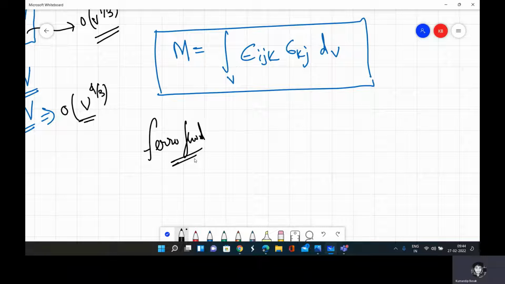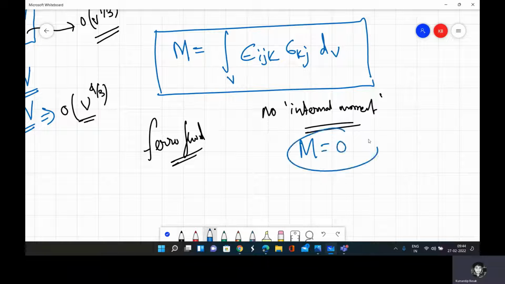But there is no such directionality or alignment in a fluid element for any general fluid. Therefore, for most fluids, there is no internal moment. This is a very important point. There is no internal moment. Therefore, for most fluids, M is equal to 0.